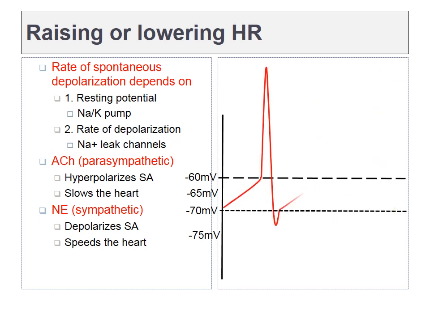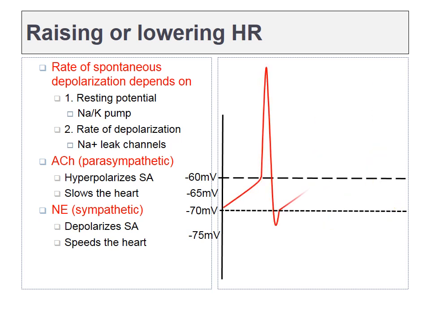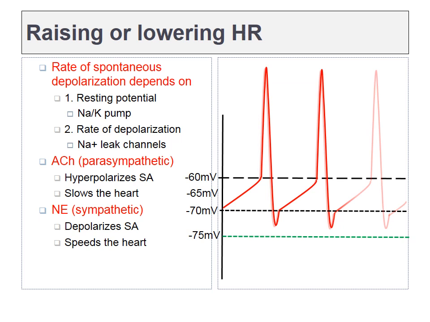The brain does provide input in the form of sympathetic and parasympathetic stimulation. These can speed up or slow down the rate of action potentials. And the way that they do it is really simple, considering that we've already learned about how neurons work. Acetylcholine will tend to hyperpolarize the SA nodal cells.